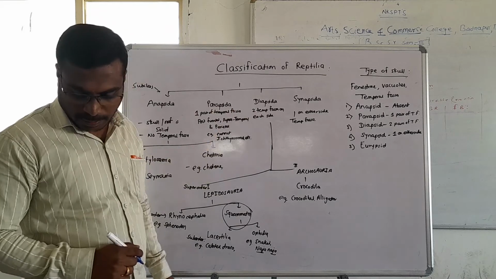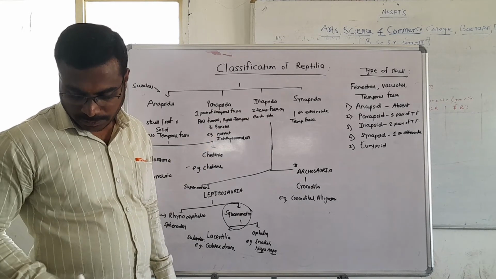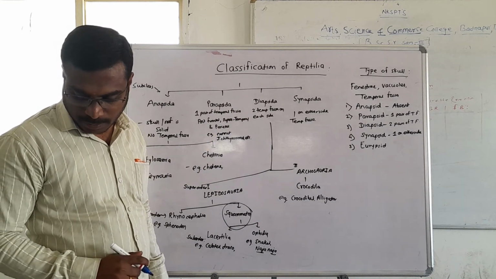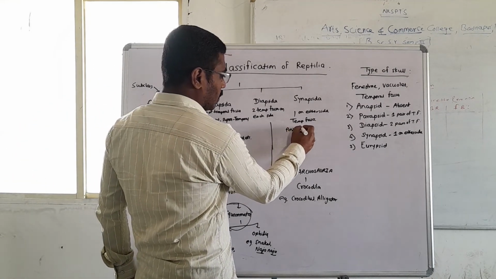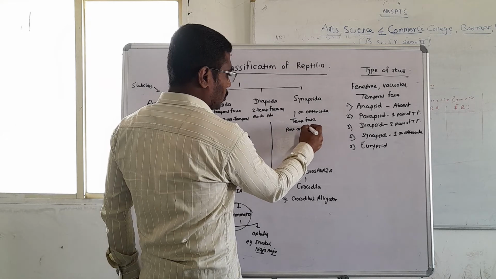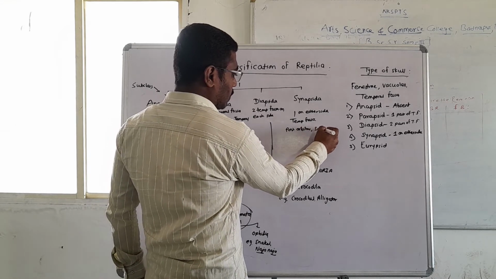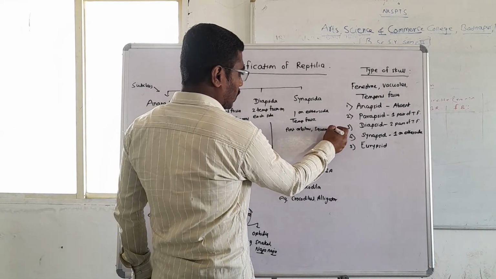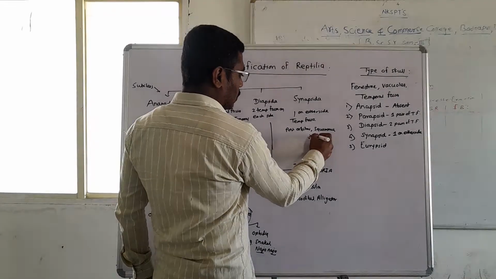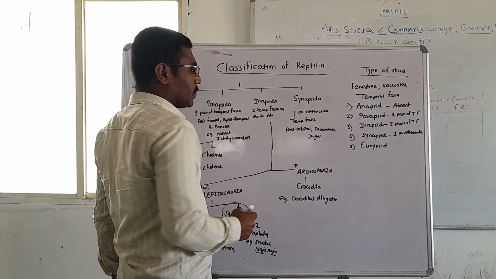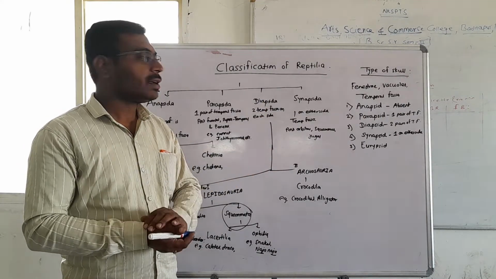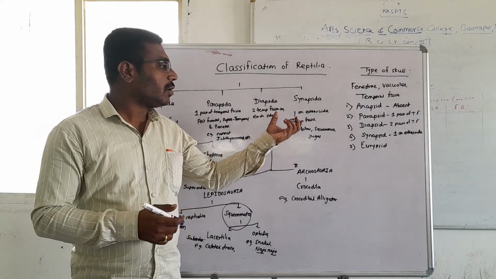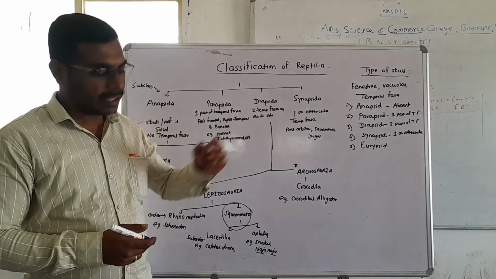It is surrounded by three bones, the post-orbital, squamosal and jugal. These three bones surround the cavity or fenestra.